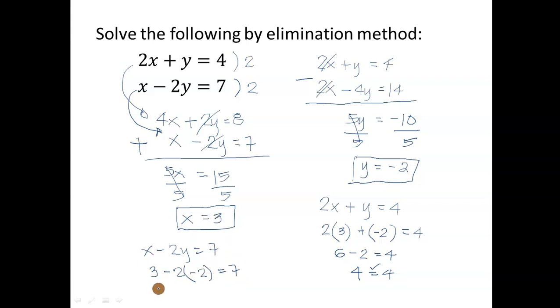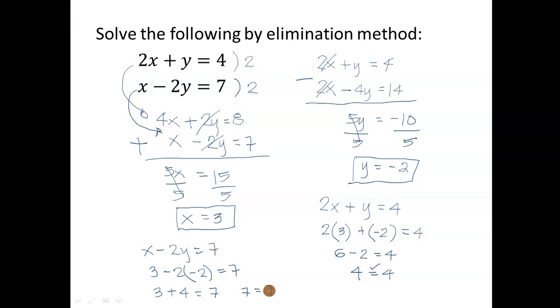And so, this is 3, negative 2 times negative 2 equals positive 4, equals 7. So therefore, 3 plus 4 equals 7.